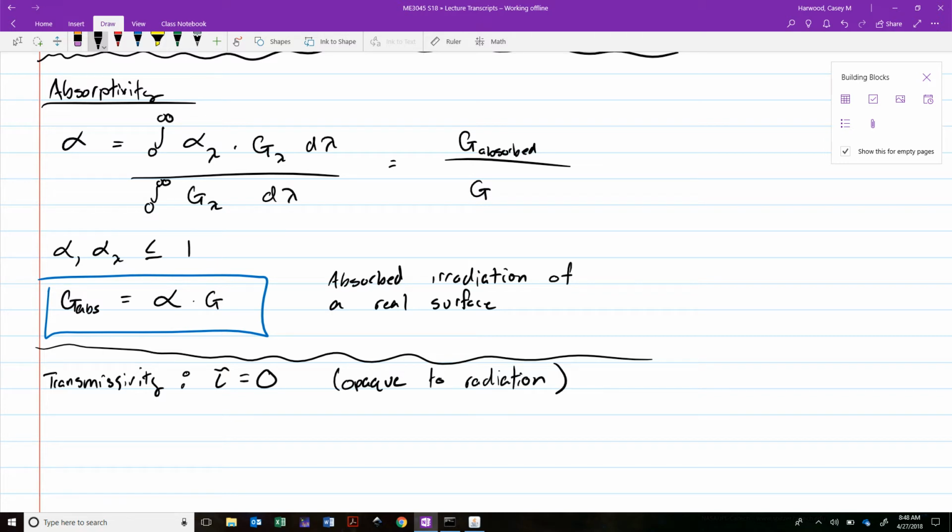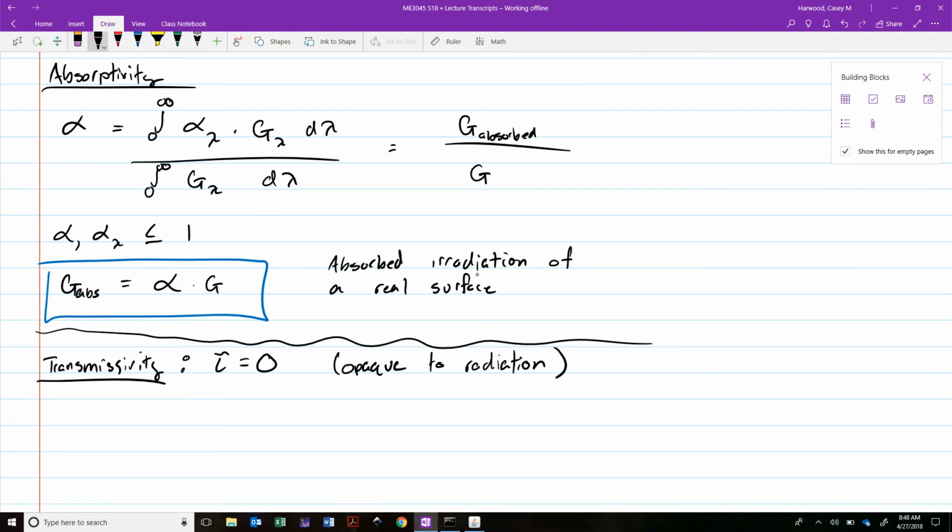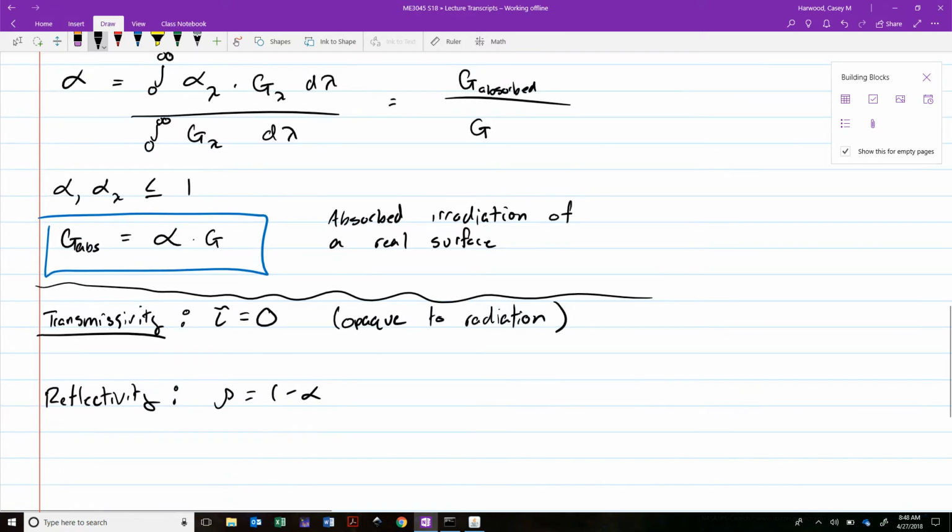And then from this, the idea is now that the reflectivity rho is going to be equal to 1 minus alpha, and rho lambda is going to be 1 minus alpha lambda.